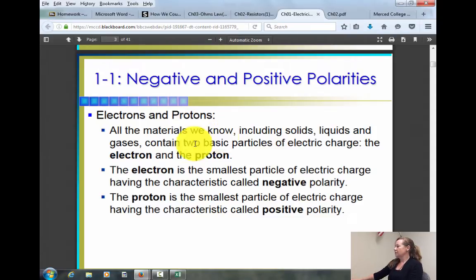So we should know that all materials we know, including solids, liquids, and gases, contain 2 basic particles of electric charge, the electron and the proton. The electron is the smallest particle of electric charge, and it's considered negative polarity. And the proton is the smallest particle of electric charge with positive polarity.